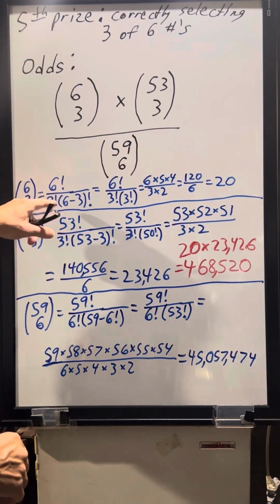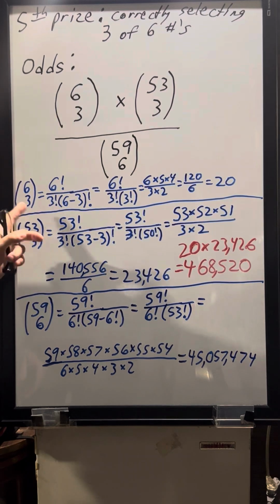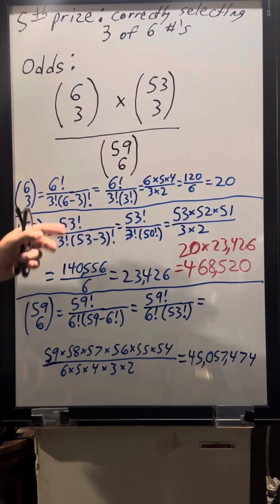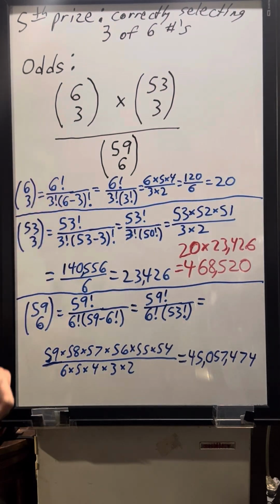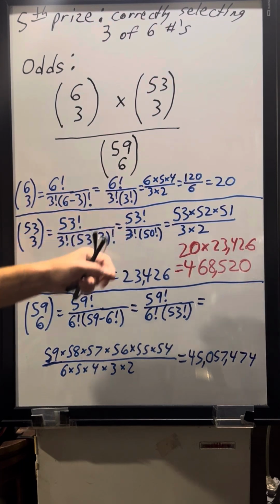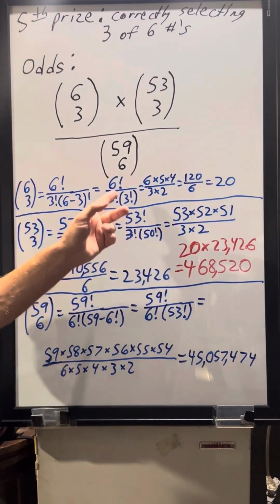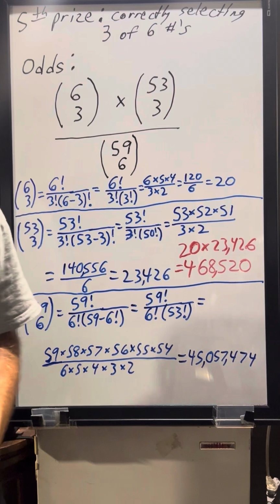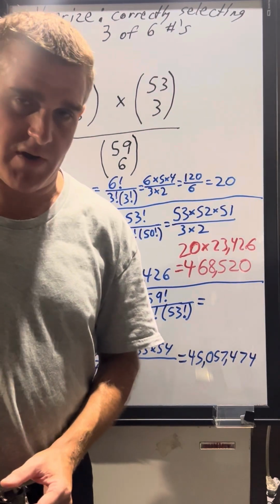So the numerator is going to be 6 factorial, and the denominator is going to be the lower index factorial, 3 factorial, times 6 minus 3 factorial. And so then it's really 6 factorial divided by 3 factorial times 3 factorial. If you work out the math, then there's 20 different ways that you can pick three numbers out of 6.